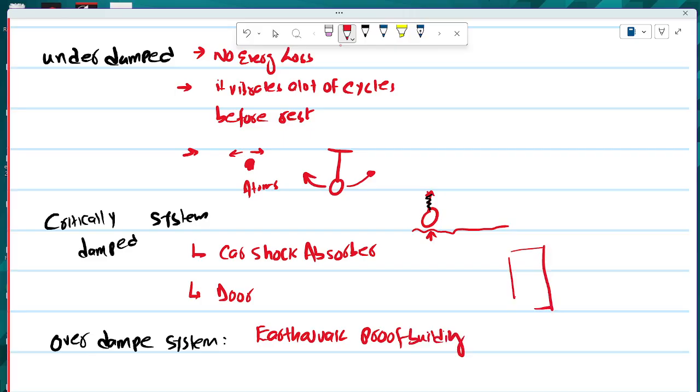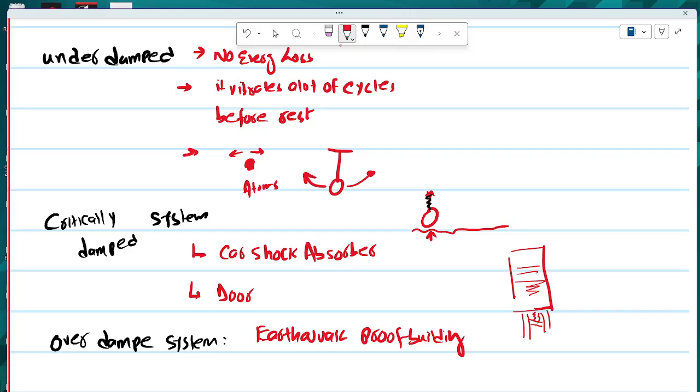If you have a building, they add shock absorbers under the building. The purpose of this shock absorber is, once an earthquake starts shaking the whole building, they absorb the energy and do not let the building vibrate for a long period of time. So they let the building displace a bit.